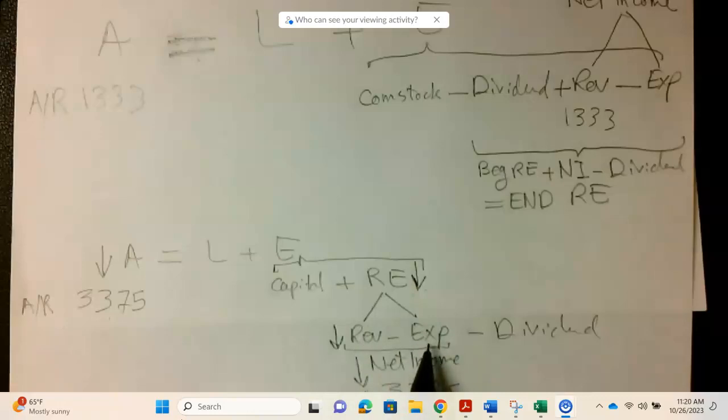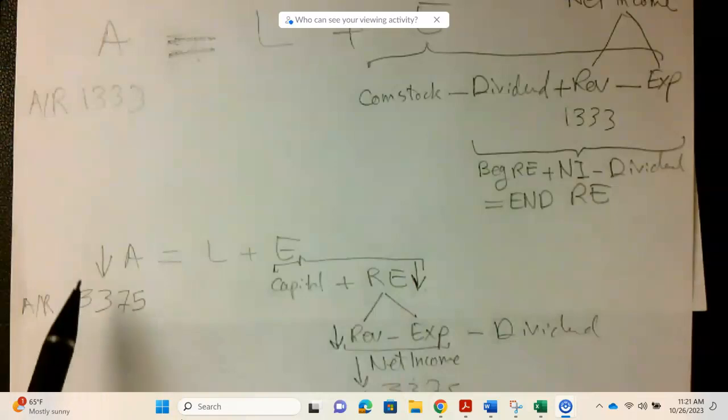But if expense is overstated, then net income is understated. If expense is understated, then net income is overstated. If net income is overstated, that means revenue is overstated. So you have to understand in this equation, what will be understated or overstated, and because of that, what would happen.